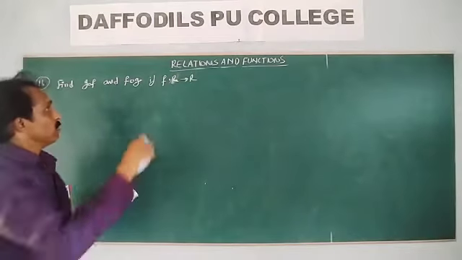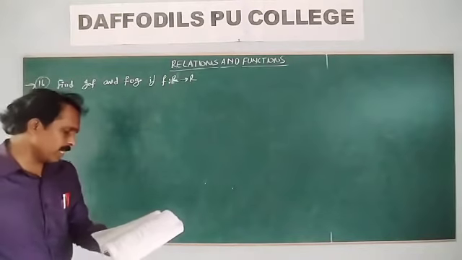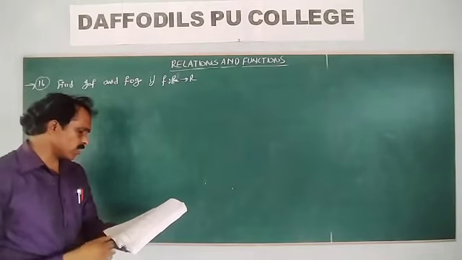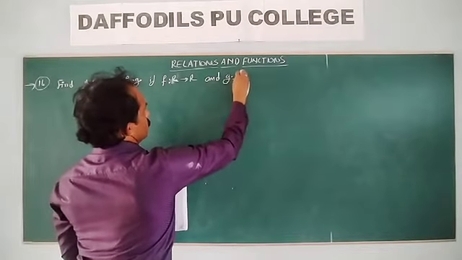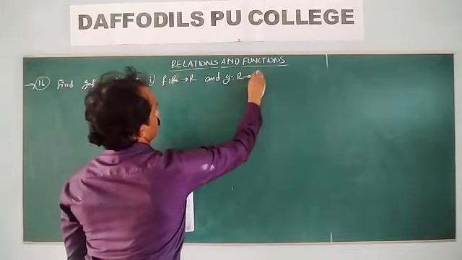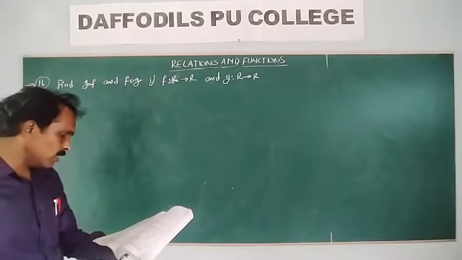For this function, the domain is real numbers and the range is also real numbers. g also maps R to R.